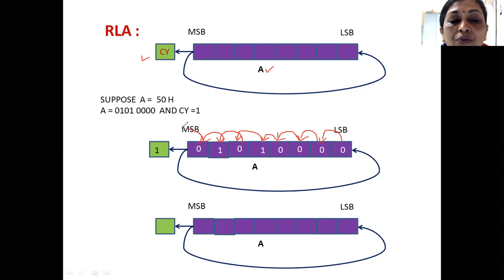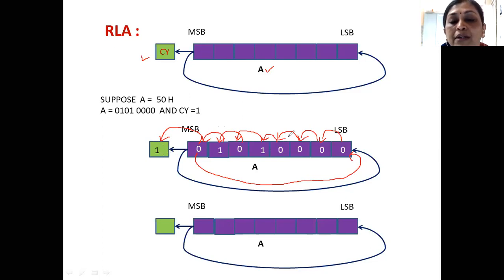And this 0 will go to the carry flag, and at the same time this 0 will be going to LSB. Your MSB will become LSB and MSB will be shifted into the carry flag. Are you getting the point?